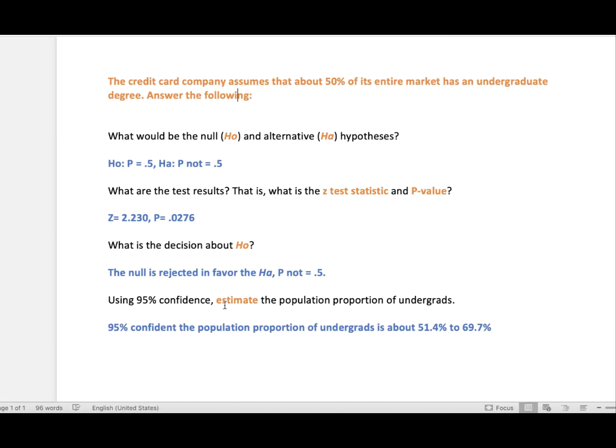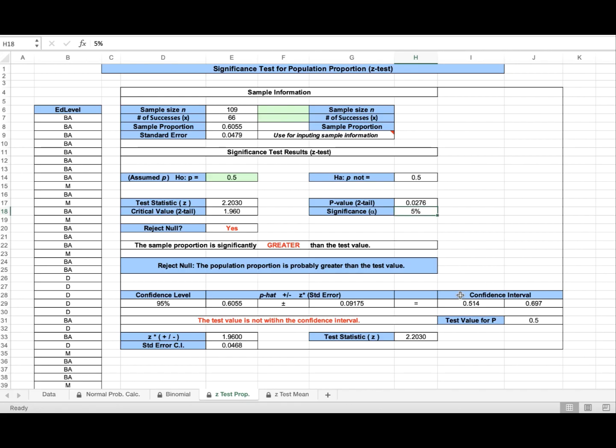Using 95% confidence, estimate the population proportion of undergrads. We would say that we're about 95% confident that the population proportion of undergrads is somewhere in the range 51.4% all the way up to 69.7%. On our spreadsheet, our confidence interval is easily obtained.